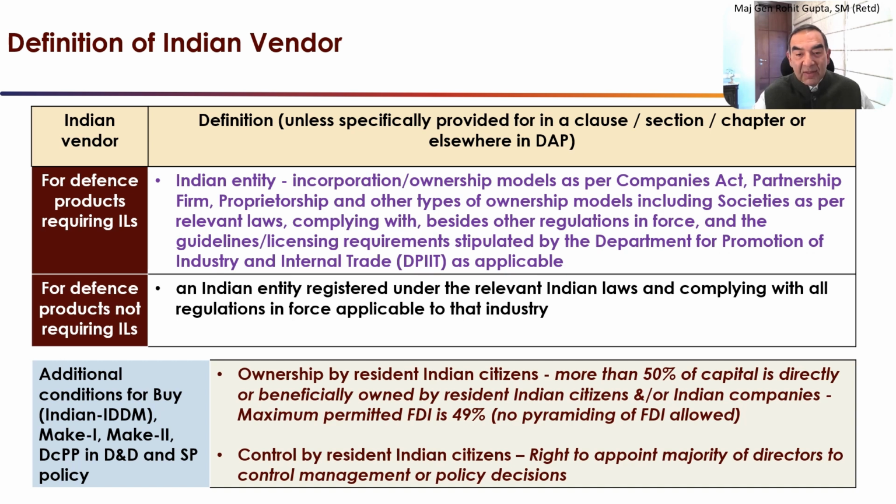Now for this, the eligibility factor is that the ownership can only be by a resident Indian citizen to whom you're giving the contract. More than 50% of capital is directly or beneficially owned by a resident Indian citizen and or Indian companies. It implies that the foreign direct investment permissible is only 49%.